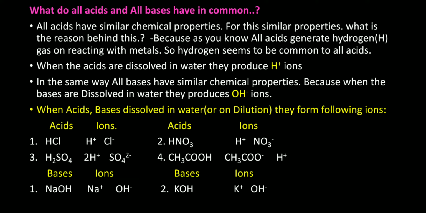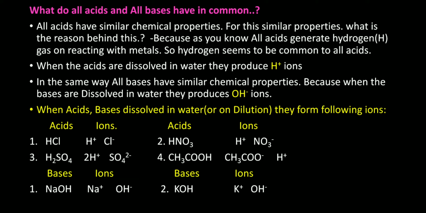Next point: when acids and bases are dissolved in water, it is called dissociation. They form the following ions. Come to the acids and their ions. Number one, hydrochloric acid, HCl. When dissolved in water, it produces H+ and Cl- ions.